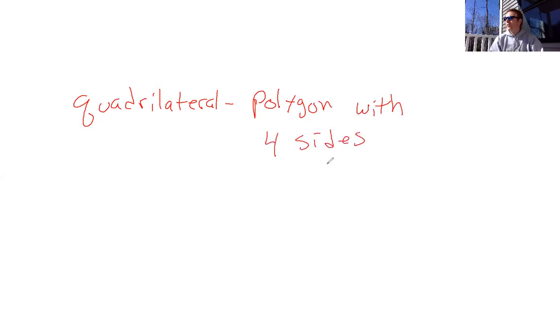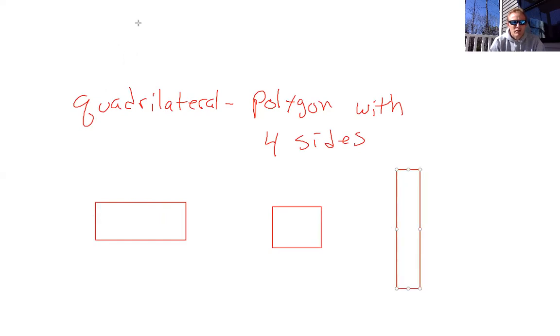Okay, so we talked about some of those examples. We talked about a square. We talked about a rectangle. This is a quadrilateral. That's a quadrilateral. That's a quadrilateral. You could have a parallelogram. That's a quadrilateral. This is a quadrilateral, right?